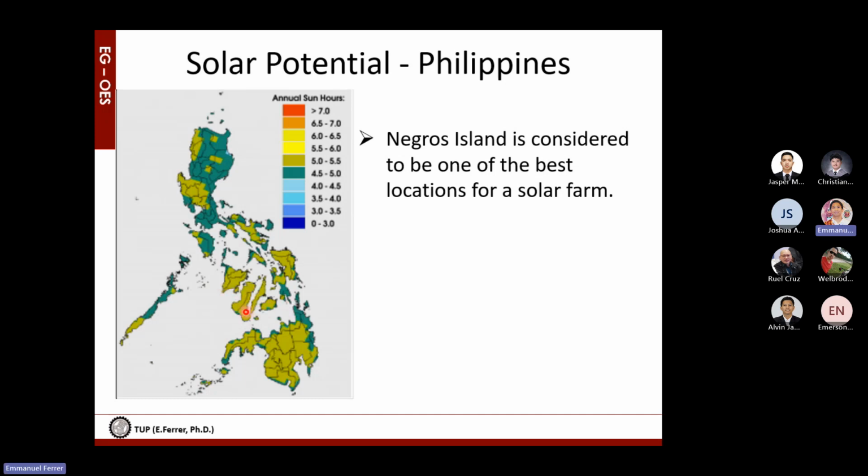Siguro medyo magastos din yung concentrators. But it can be a good study. Ayan, siyempre you have the Samar Leyte region. Mindanao is also nice. Okay, and then Central Luzon up to Pangasinan. Pero yung mga mountainous area medyo mababa.